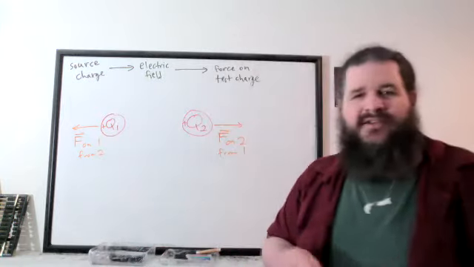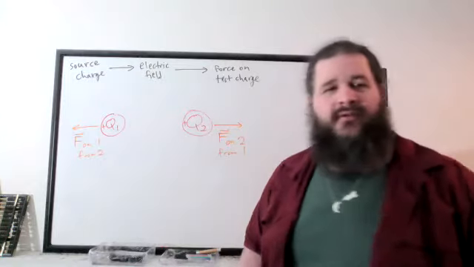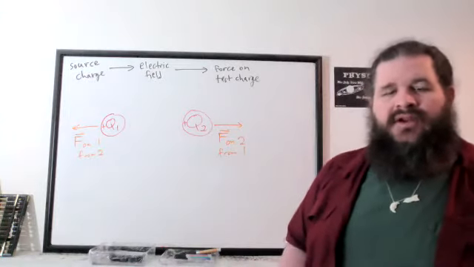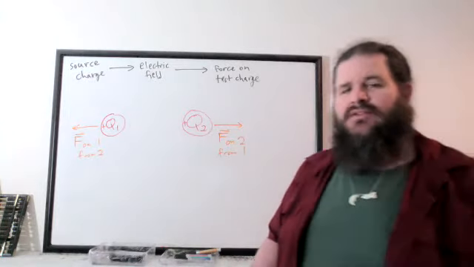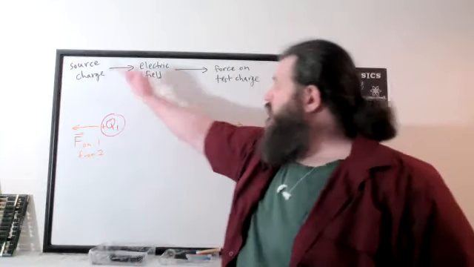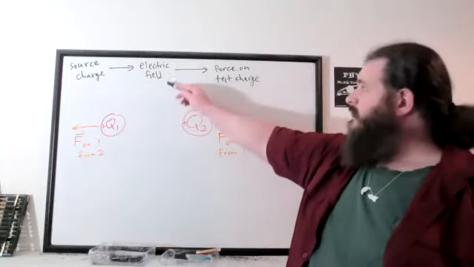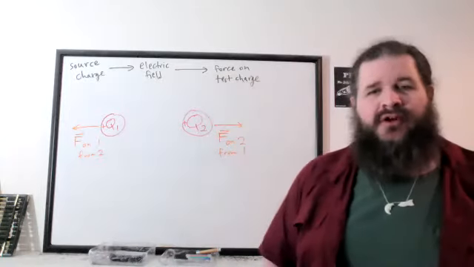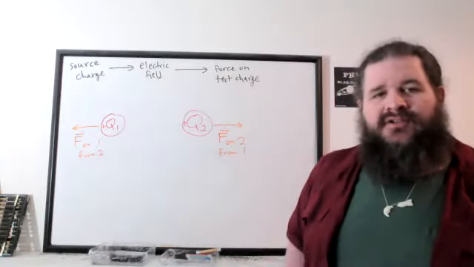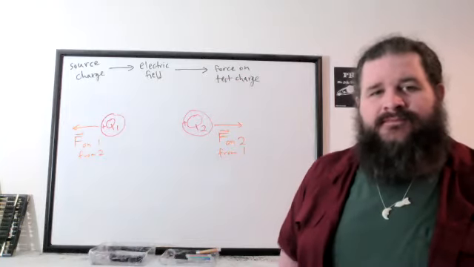Of course, what's really physically happening is these charges are exerting forces on each other. But it turns out it's mathematically very convenient to treat it as source charge creates this effect we call the electric field in the space around it. And the electric field creates a force on the test charge. Any questions on that terminology so far?